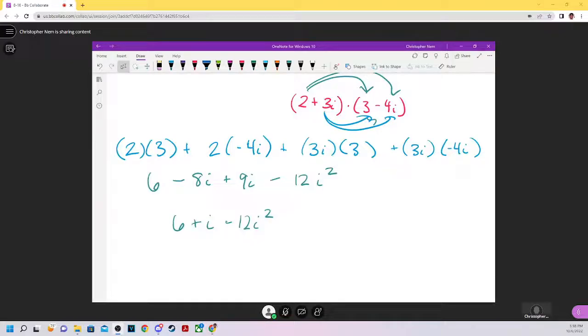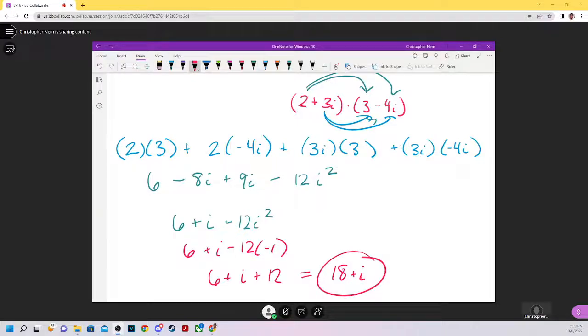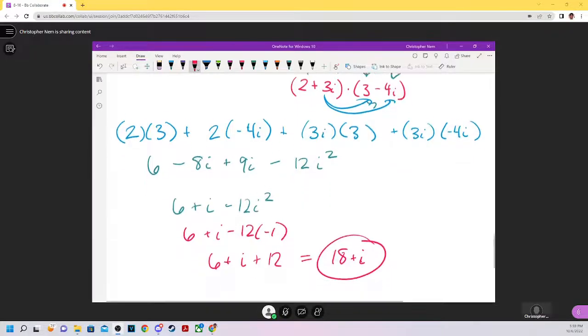I squared is equal to negative 1 from the definition earlier, so negative 12 times negative 1 is plus 12. That's 6 plus 12, which is the same thing as saying 18 plus i. This is our product. This is what happens when we multiply two complex numbers together. We get a new complex number, 18 plus i.